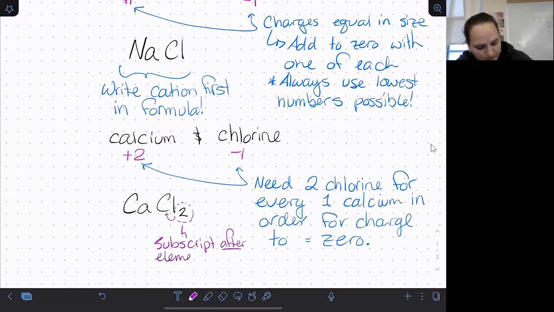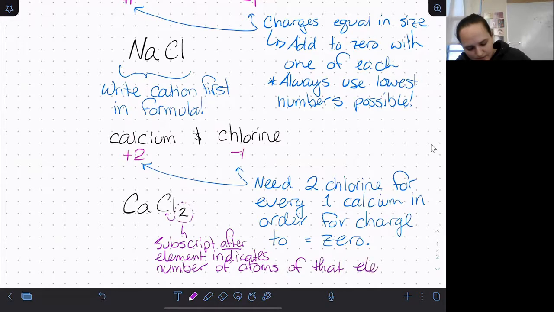So a subscript after an element indicates the number of atoms of that element in the compound.